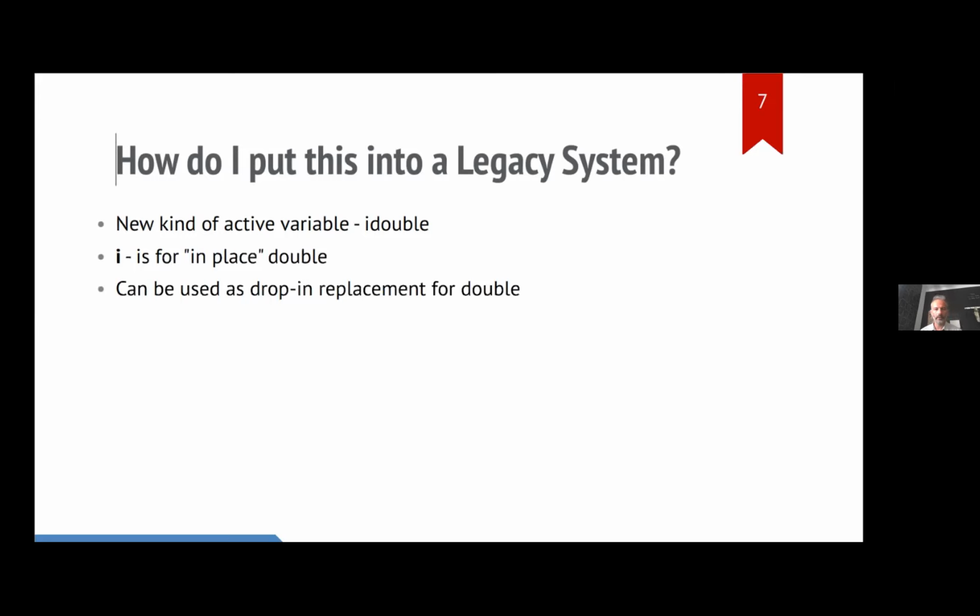I know you say that other active doubles can also be used as drop-in replacements, but it's actually not true, because once you use those active variables, you're already recording the tape, so you need to have a tape. With this one, you can use the IDouble as a standalone type, doing the same work a double would do, without recording anything, without any graph logic, and without any AAD at this stage.